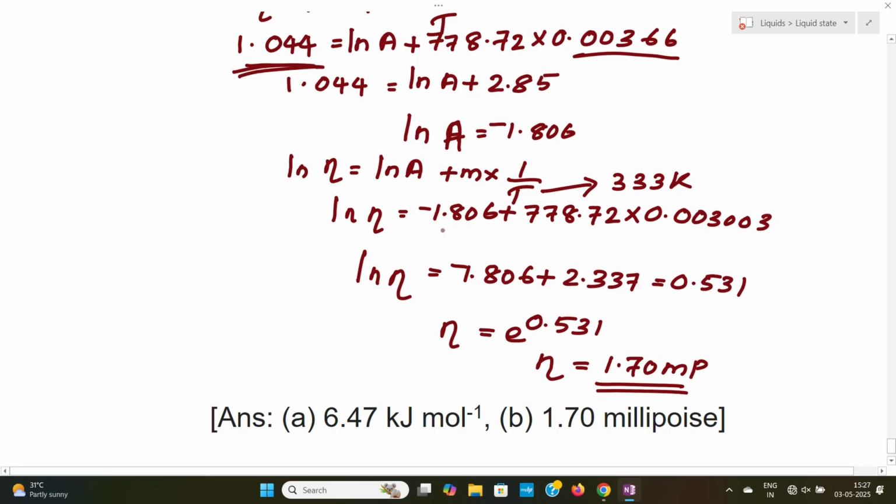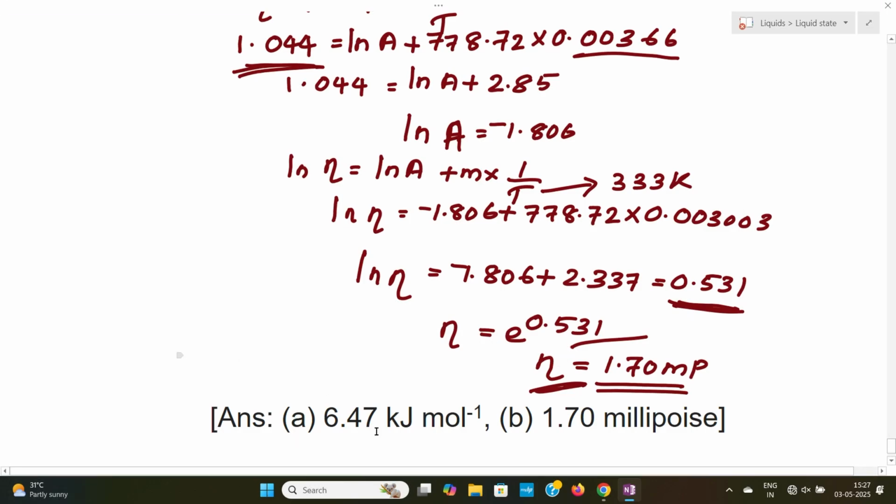ln eta is equal to minus 1.806 plus 778.72 into 1 by 333, which is 0.003003. When we do the calculation, we get the value of ln eta as 0.531, and eta is equal to e power 0.531. When we do this, the value of eta is 1.70 millipoise.